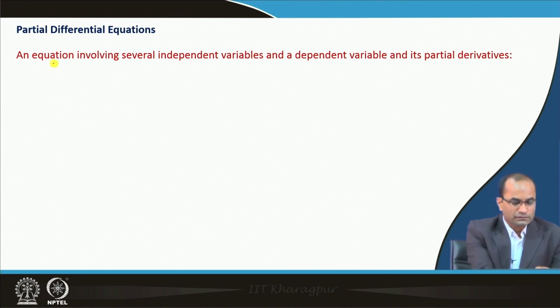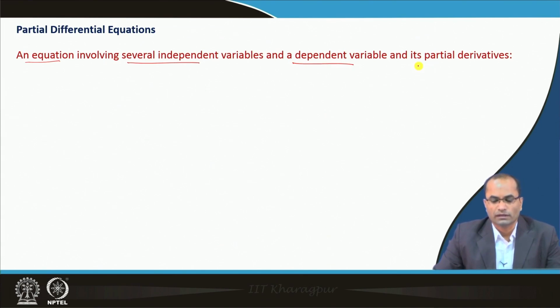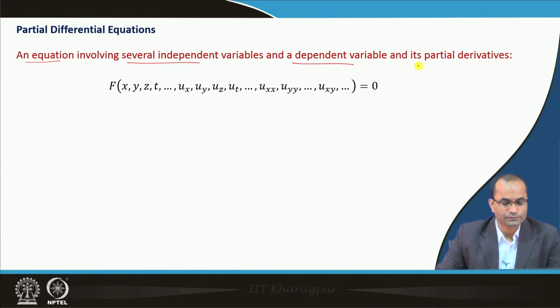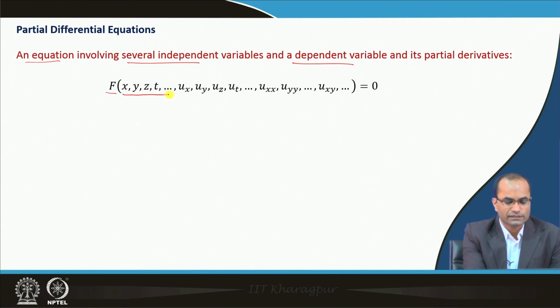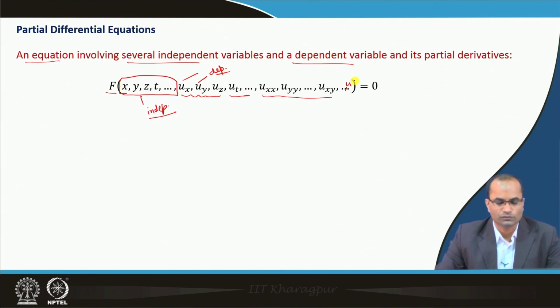So, this is an equation which involves several independent variables and a dependent variable, and of course, its partial derivatives, a relation between x, y, z, t, for instance, which are the independent variables, and u here is the dependent variable. So, we have first order partial derivatives, and then second order partial derivatives, and so on, and it may also depend on u, of course.